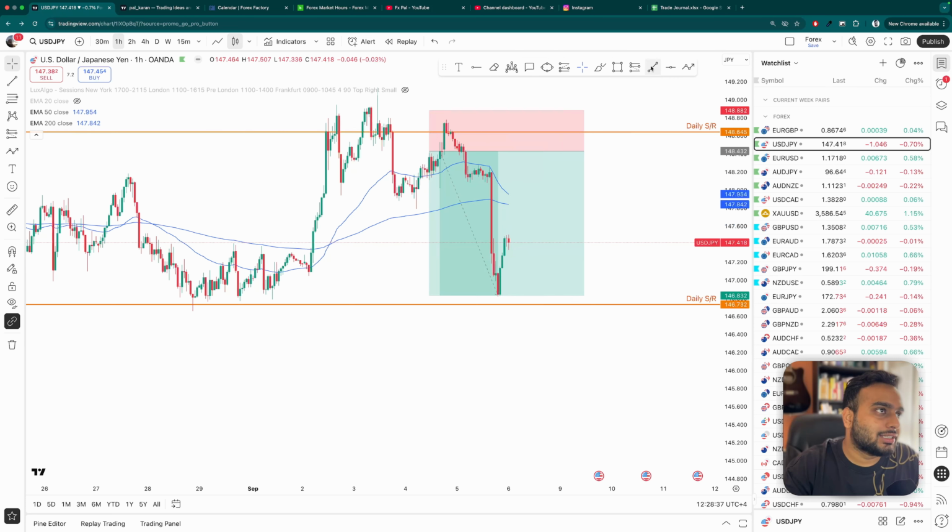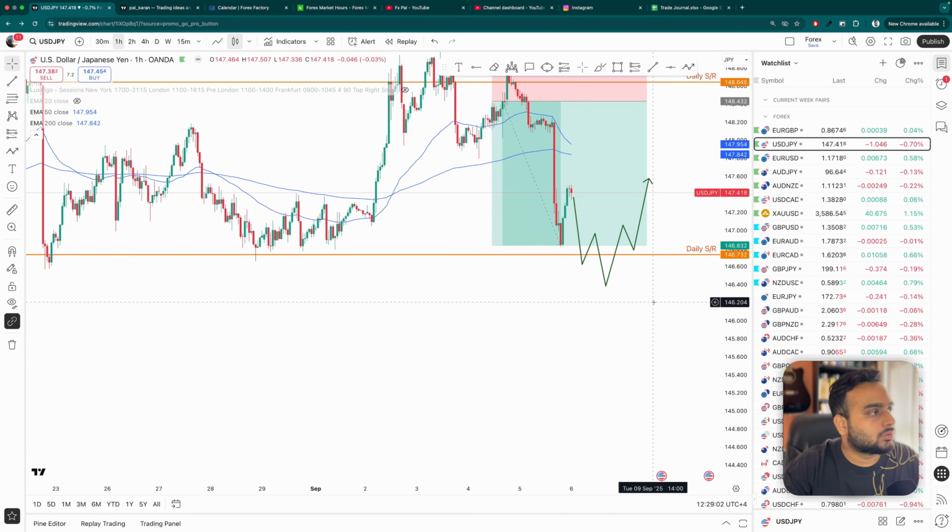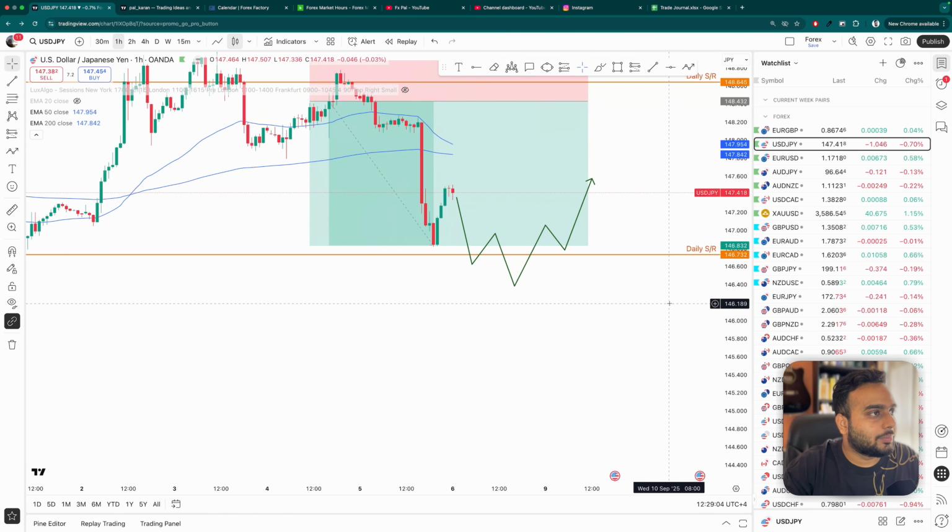So until the price does something like this, then breaks this 1 hour structure to create a bullish momentum, only then I might look for entry. And I don't think it will happen. So let's see, we'll keep an eye. But this trade USD JPY is not the priority this week. So I'll keep it here.